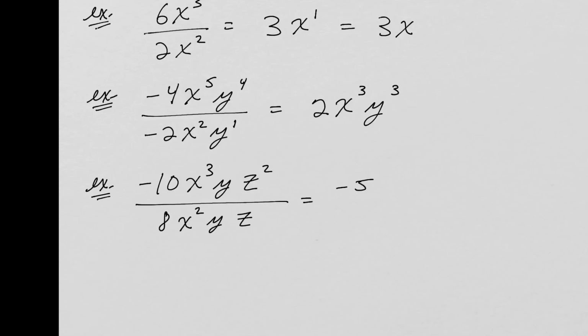I could write this as negative 5/4. Then x cubed over x squared is x to the 1. So I just leave it as x. Y to the 1 over y to the 1 is y to the 1 minus 1, which is 0, right? Which is, remember, anything to the 0 power is 1. Or the other way to think about this is the y's cancel, right? So there's no y there. And then z squared over z is also going to be z to the 1, which I just write as z. So that would be my answer. It'd be negative 5/4 x z.